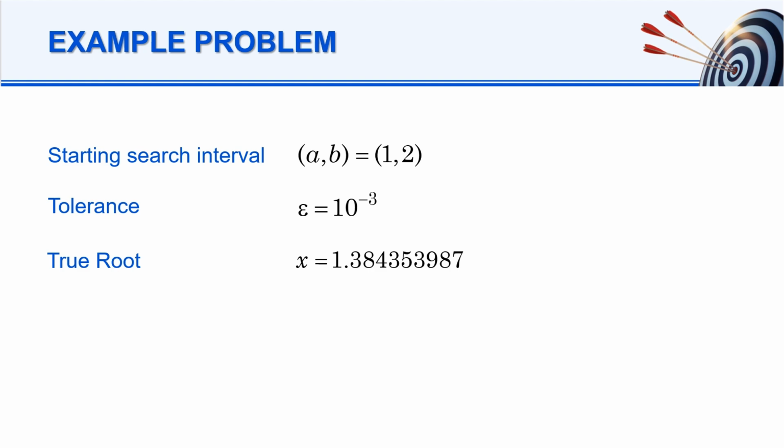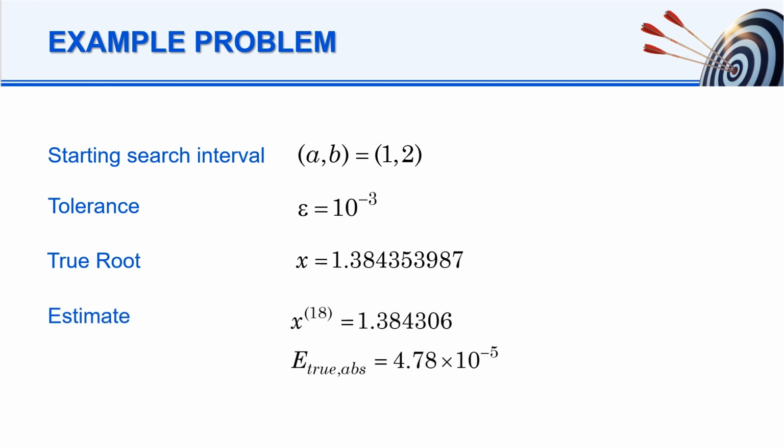The estimate after 17 iterations is 1.384306, which leads to the true absolute error of 4.78 times 10 to the power of minus 5, which is better than the desired tolerance of 10 to the power of minus 3. Note that this method resulted in more iterations than the bisection method because the root is close to where the sharp change occurs in the function f.